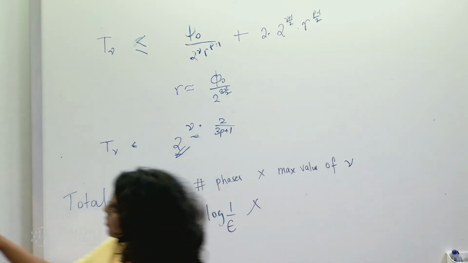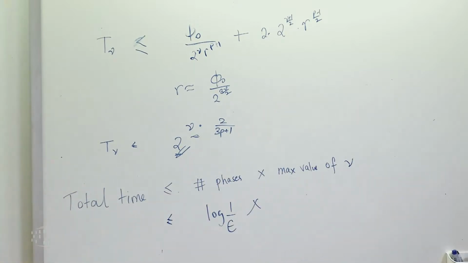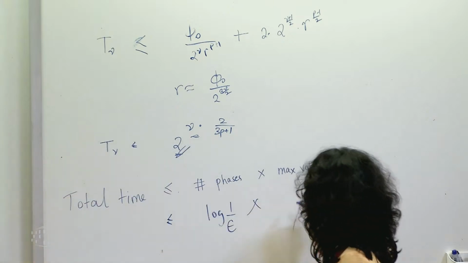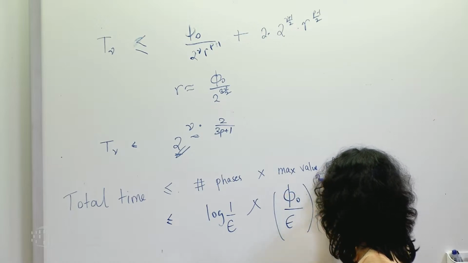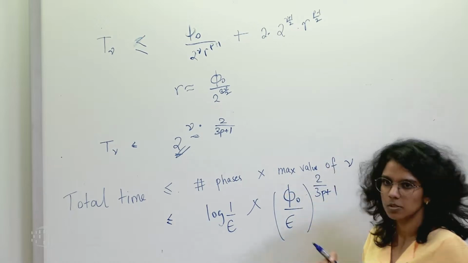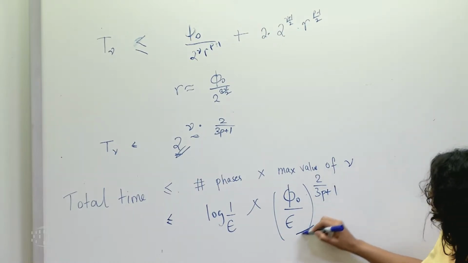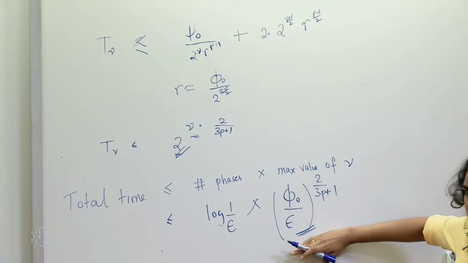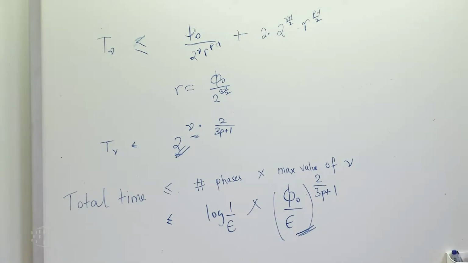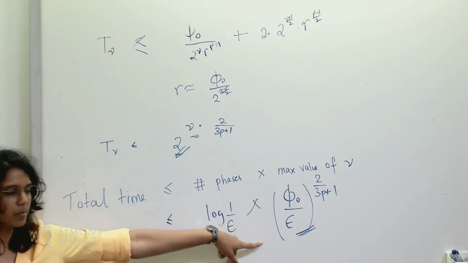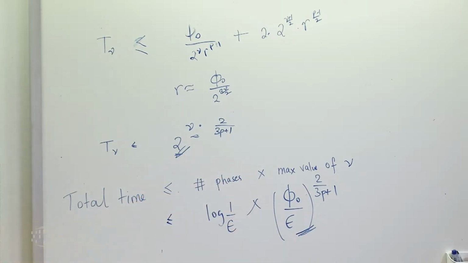The maximum value of nu that you want is phi_0 by epsilon, and that gives you something like phi_0 by epsilon to the 2 by (3p plus 1). This gives us the rate on epsilon, and if we look back, it matches this. So if you want this to be less than epsilon, the number of steps you need is proportional to 1 by epsilon to the 2 by (3p plus 1).